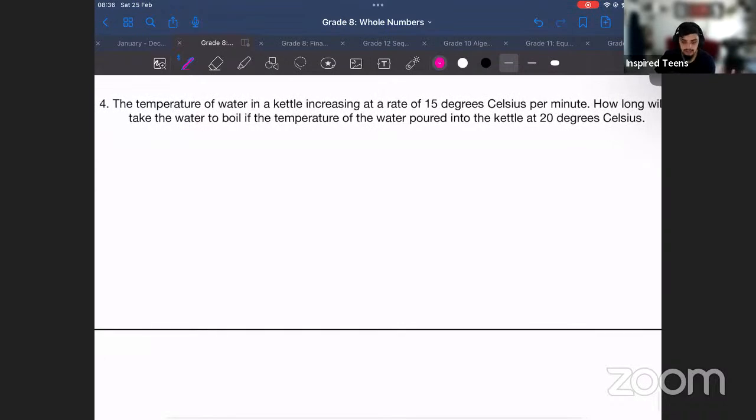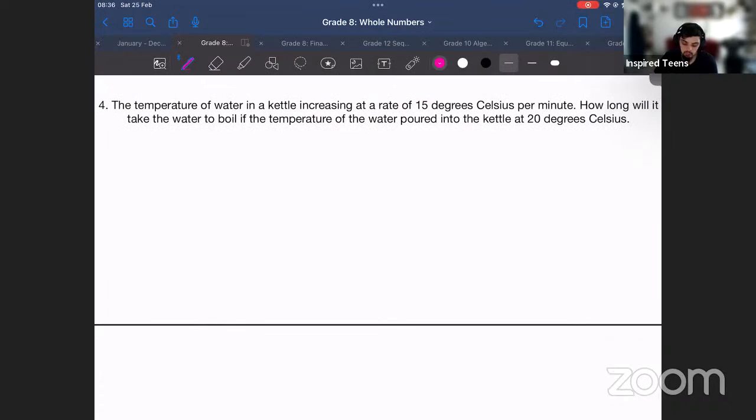The temperature of water in a kettle is increasing at a rate of 15 degrees Celsius per minute. How long will it take the water to boil if the temperature of the water poured into the kettle is 20 degrees Celsius?